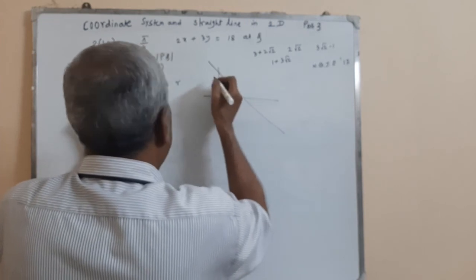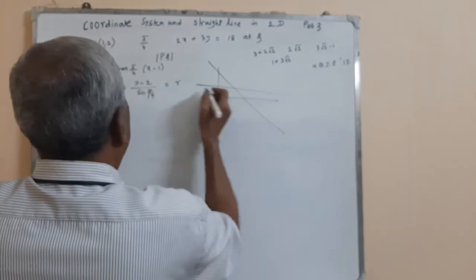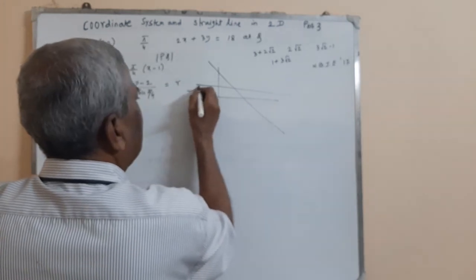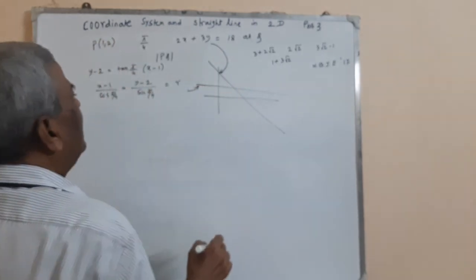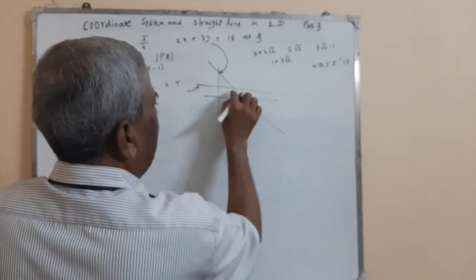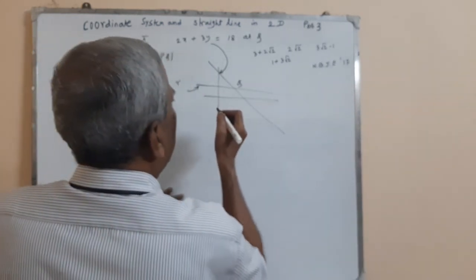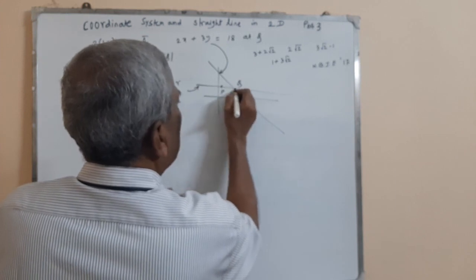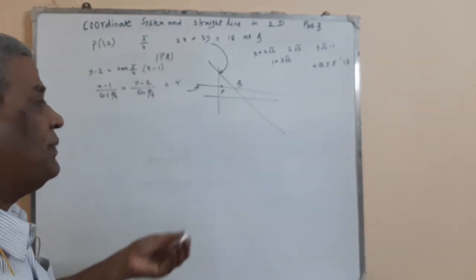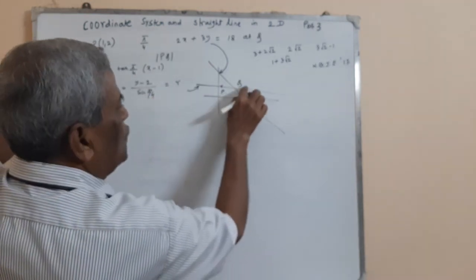They meet at Q. Suppose P point is this. PQ is r, I have taken. PQ is equal to r.